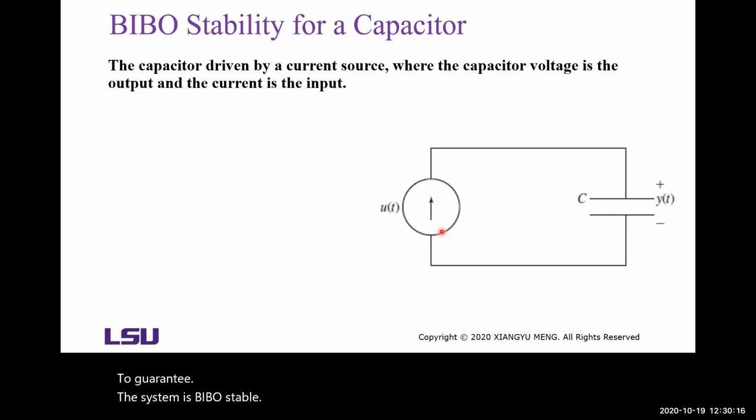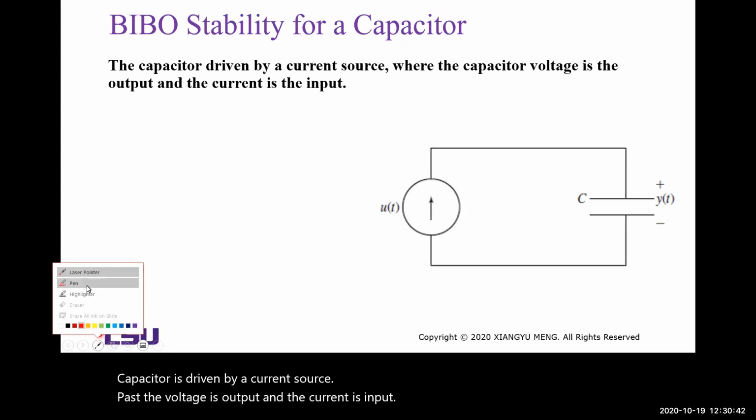Now let's look at an example. We have a capacitor driven by a current source. The capacitor voltage is the output and the current is the input.